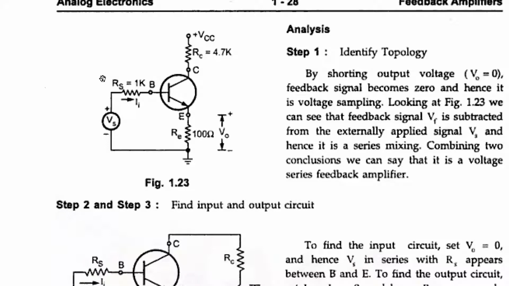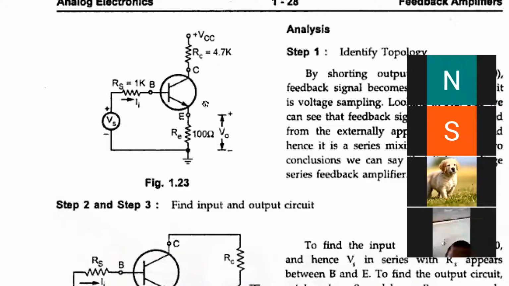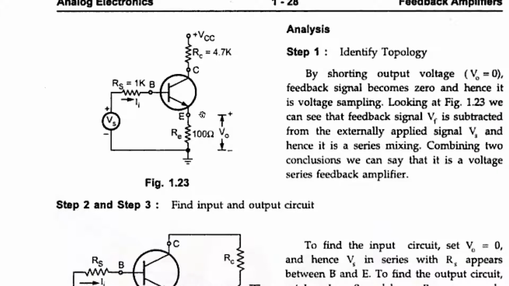It is like water flow. The water that comes here and the water that comes here, it adds and it comes here. Means this water will be equal to this water plus this water. Now suppose if we close the tap, then the water here will be equal to the water here.